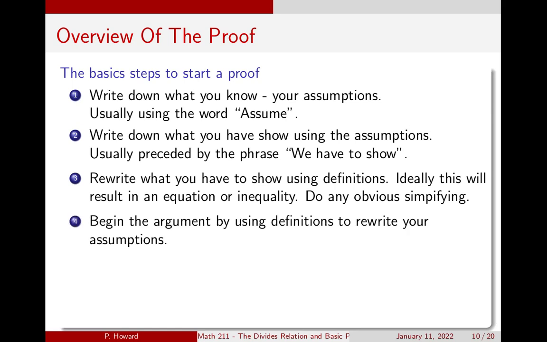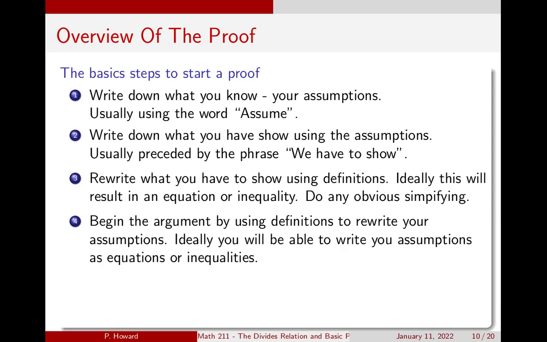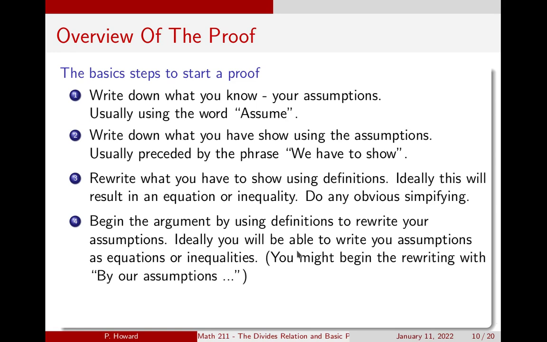Fourth step, begin the argument by using definitions to rewrite your assumptions. So we began in step 1 by writing down the assumptions. Here in step 4, we rewrite them using definitions, and ideally you'll be able to write your assumptions as equations or inequalities. And you might begin the rewriting with the phrase by our assumptions.